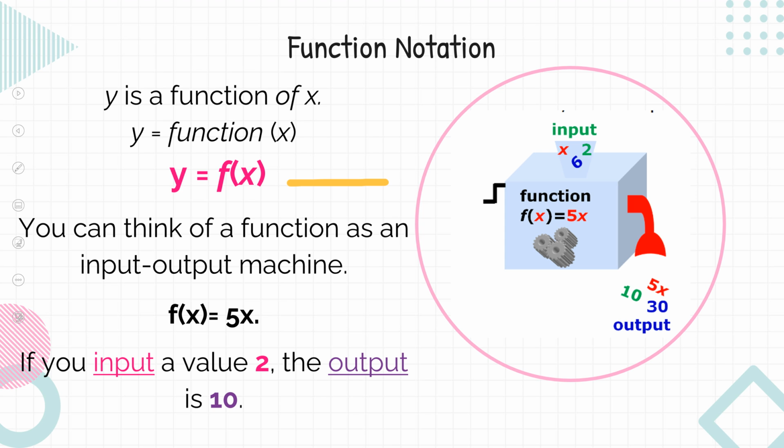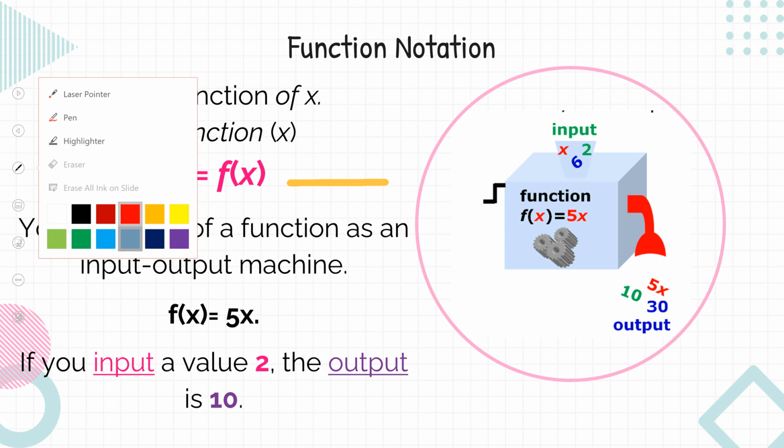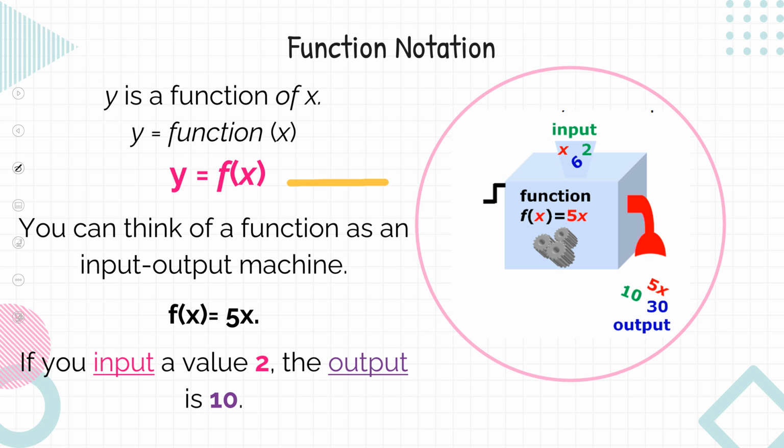So if I'm looking over here at our function machine, I've got my input coming in from the top. Everything goes on down, goes through my function, and outputs to my y values. So if I'm inputting f of x equals 5x, let's say I put in the value 2. So that means I'm putting the value 2 in place of x.